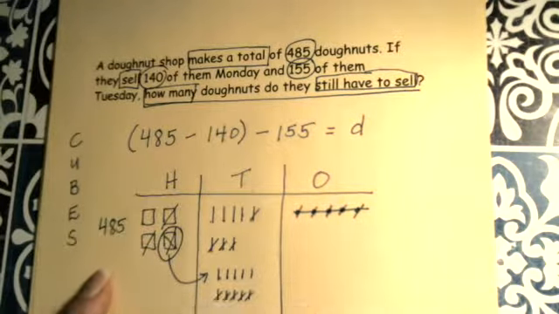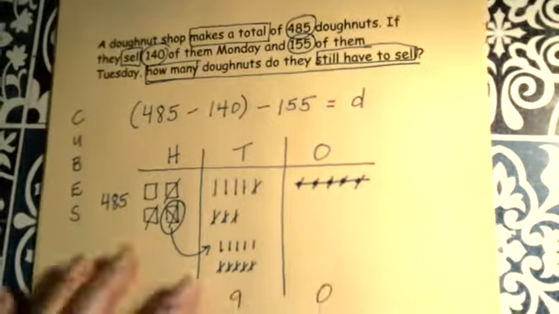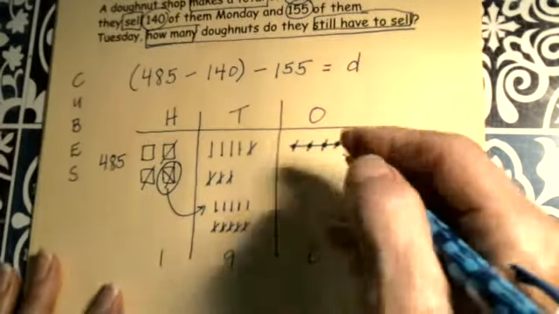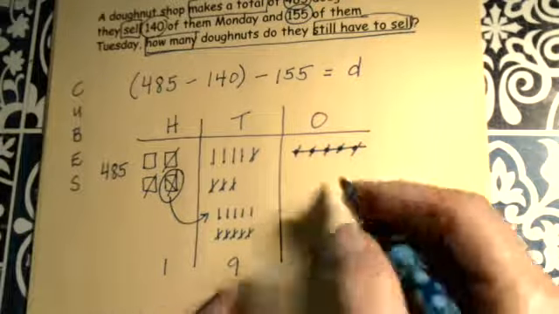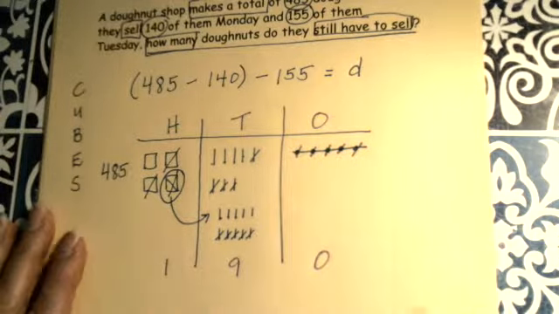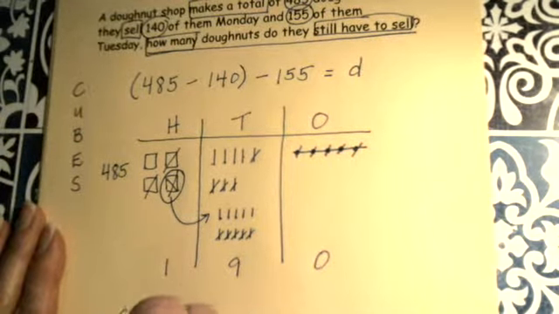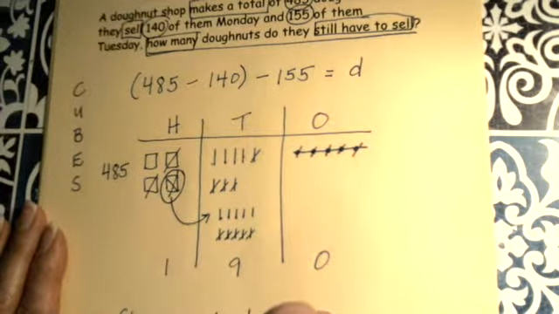So I have 100 left. 190. So she needs to sell 190 donuts.